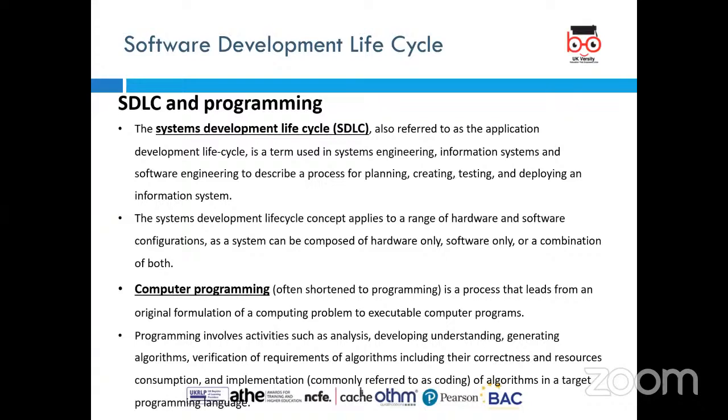So the system development cycle is also referred to as the application development life cycle, which is used in system engineering and information systems to process planning, creating, testing, and developing our information system. What we need to understand is that this process will lead into the organizational formulation of a computing problem to execute computer programs.